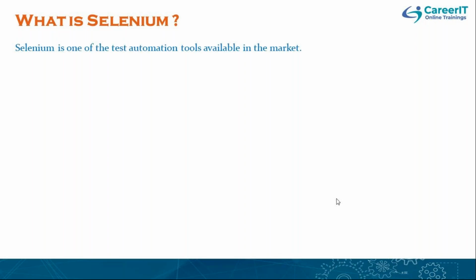There are n number of tools available in the market, not only Selenium. Along with Selenium, there are 100 plus tools available. So out of all these automation tools, why do we need to choose Selenium as our tool for automation? Let's try to understand.